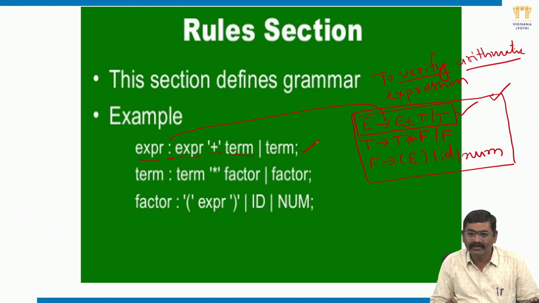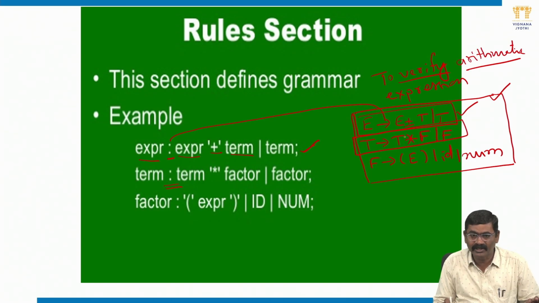Similarly, how can we insert the second production? To insert the second production, first take T, meaning term, and instead of the arrow mark, we should take colon. After that term, after that star.